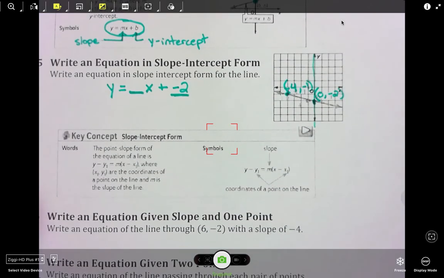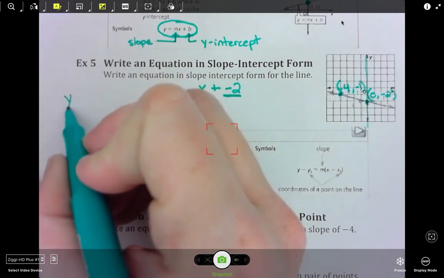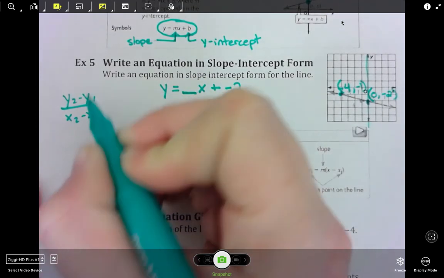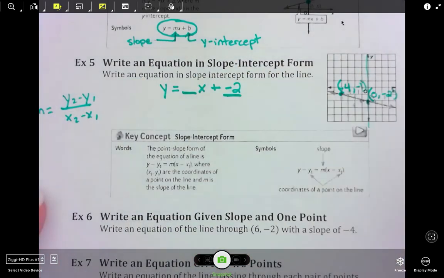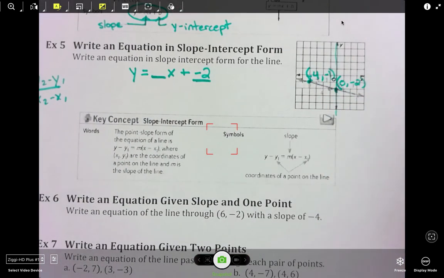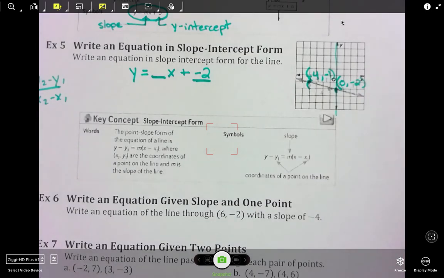And then when I'm looking at the slope, in section 1.3, we talked about an equation that was y2 minus y1 over x2 minus x1. We would use that equation to find the slope if I'm given these 2 points, or since I'm given the graph, I'm going to cheat and just look at how much it's rising over how much it's running on this graph.